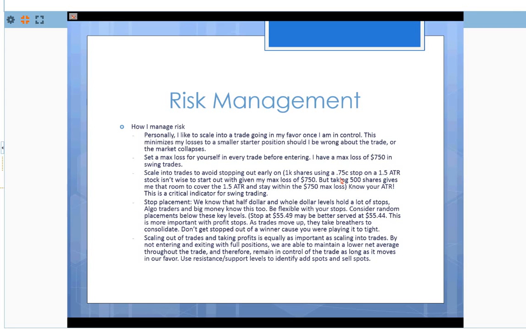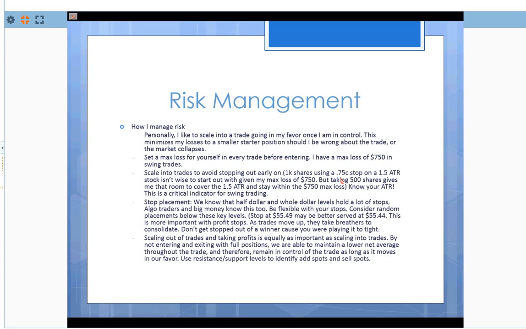Stop placement. So we talked about this yesterday, we know that half and whole dollar levels hold a lot of stops. They are mental resistance and support levels for most retail traders. It's a psychologically comforting number to see $1 even versus putting a stop at 93 cents. For whatever reason, people still do this, and the algo traders and the institutional traders and the market makers know this.